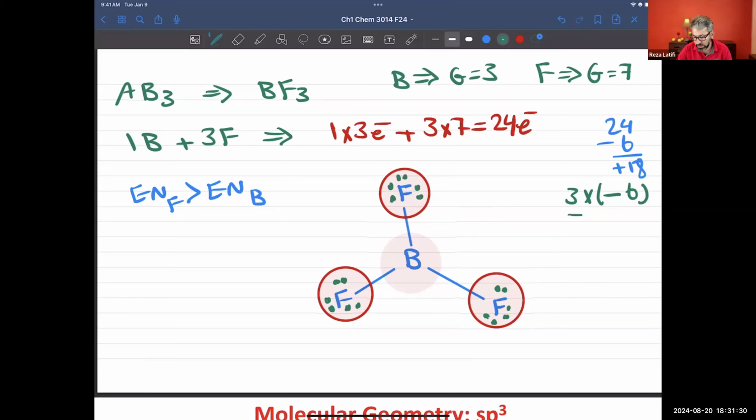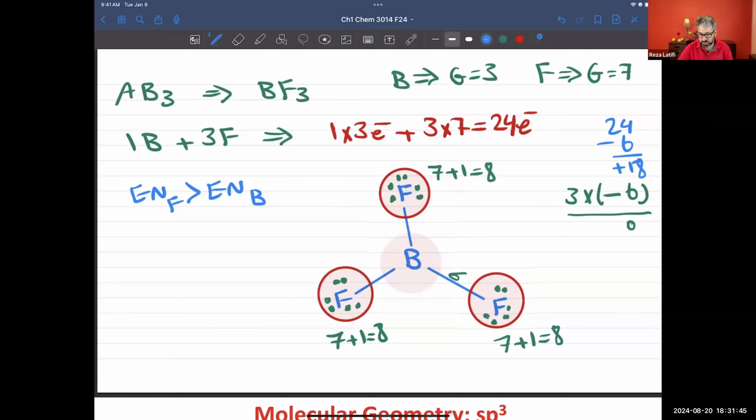Okay, so now I'm 0. Fluorine has 7 electrons, made 1 sigma bond, so it will be 8. 7 plus 1, 8. And here, 7 plus 1, 8.